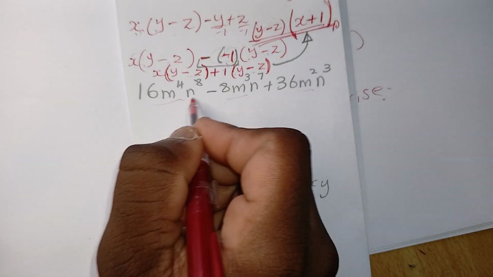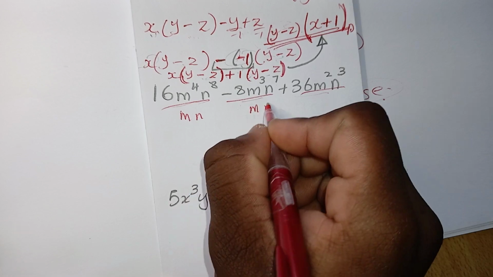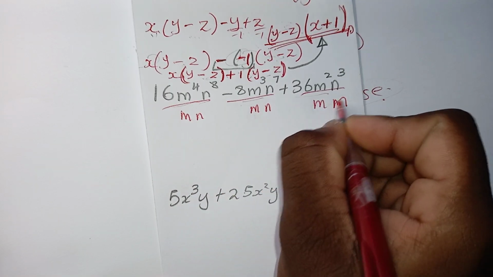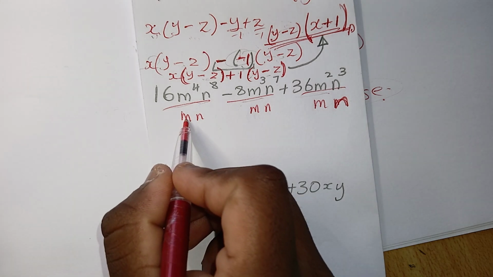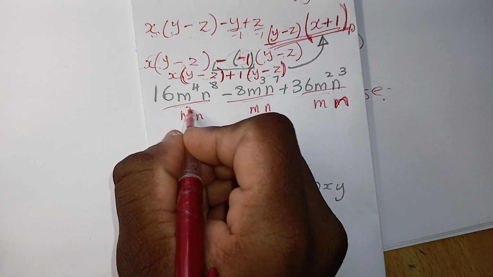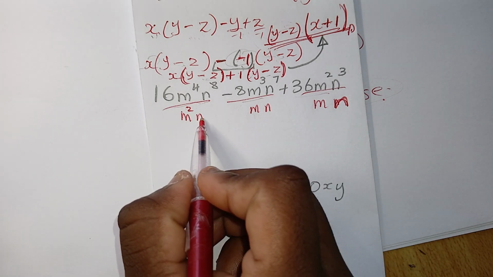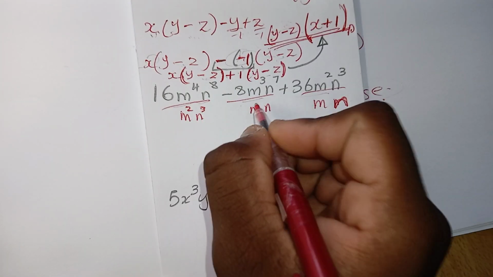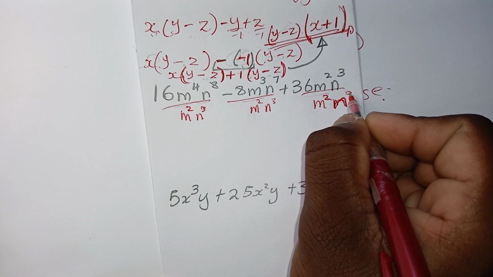So something that is common here is m, n, m, n, m, n. But now you take the base that has a small exponent. For m, it is 2. You take the base that has a small exponent. For n, it is 3. It means here it's 2, 3, 2, 3. Do you see my study?